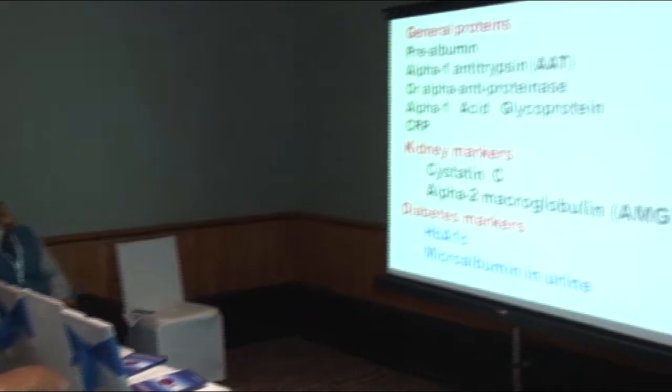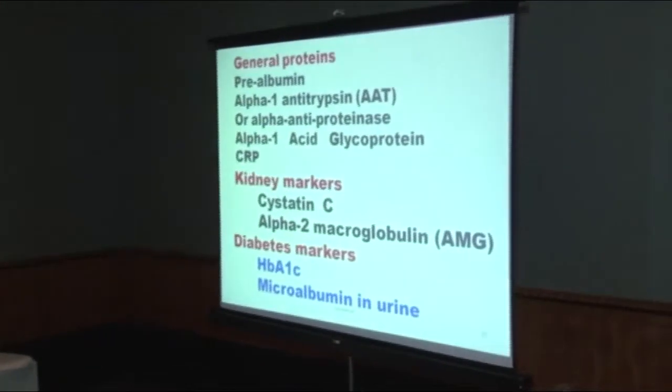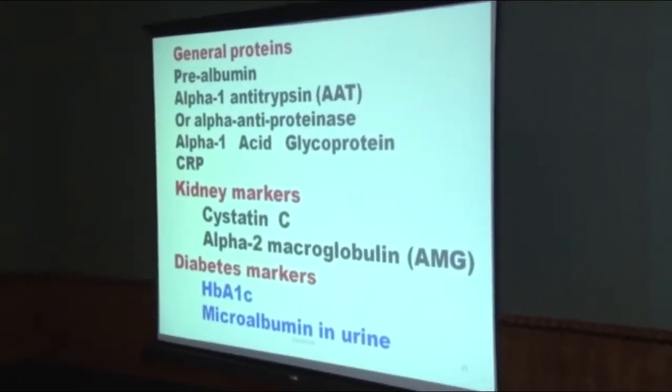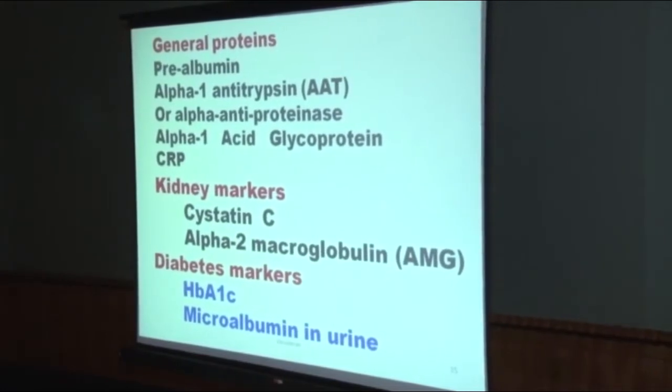I just wanted to go to this HbA1c reaction. There we introduce one more thing, that is latex. The other thing is that you take the serum and specific antibody, which will give some color, some turbidity. Whereas with HbA1c, if you take 100 molecules of hemoglobin, only 4 or 5 molecules are HbA1c.